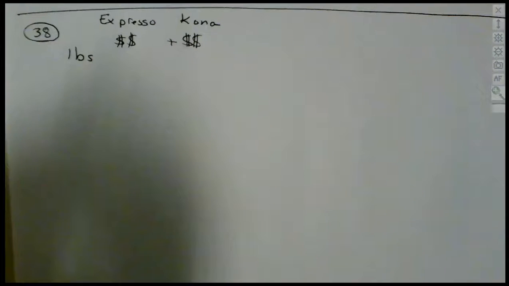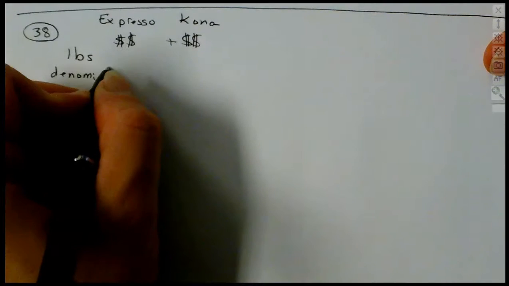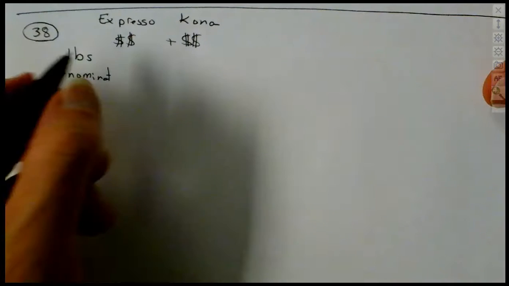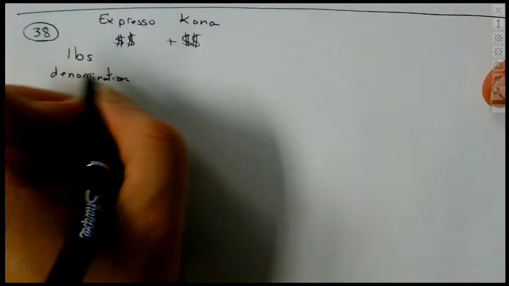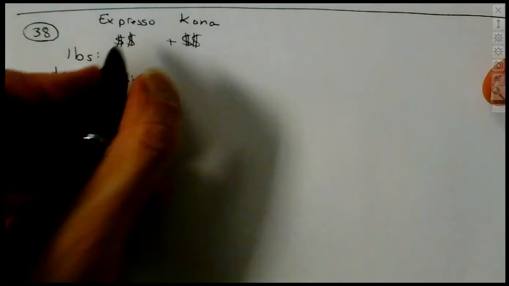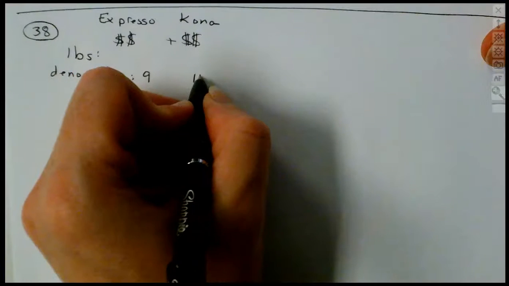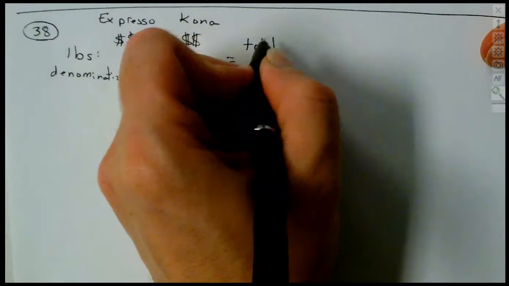We'll just use denomination again. We're used to using that. Okay, so the espresso is going to cost $9 a pound, and the Kona costs $11.50 a pound. And this is going to be the total number of pounds here.